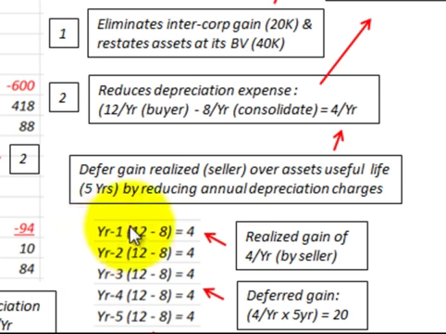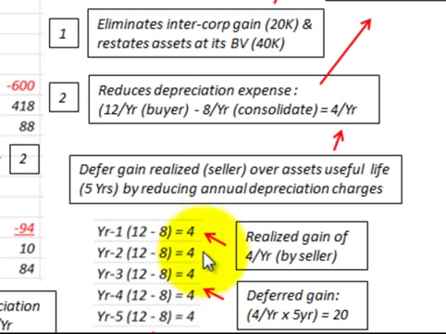Looking at year one, $12,000 for the buyer, less $8,000 in the consolidated statement, so we have $4,000, and that's a realized gain of $4,000 for the first year for the seller. In years 2 through 5, we'd still have $4,000 in change in our depreciation amounts, and those are deferred gains at this point.